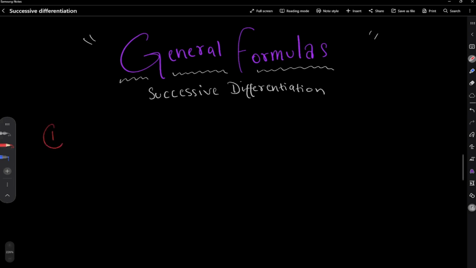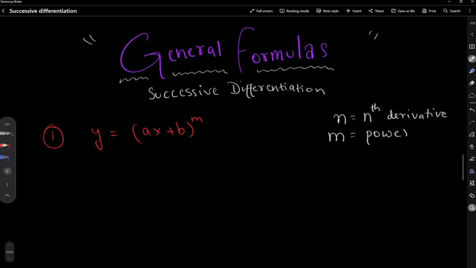is the function y equals (ax plus b) to the power m. Now keep this in mind that n will be our nth derivative and m will be the power.